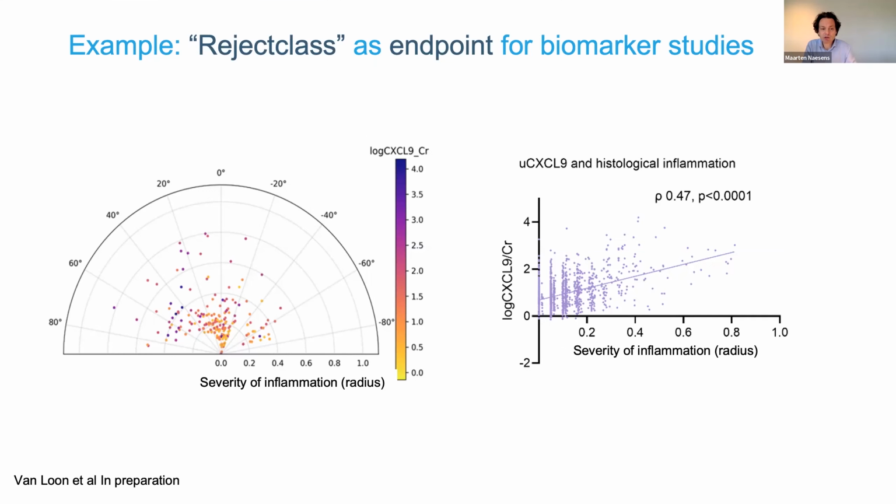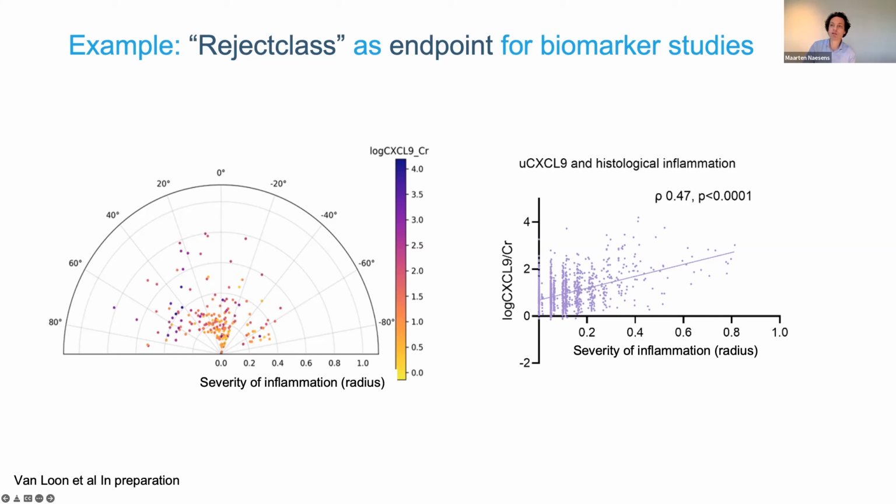This is an illustration of a study that is ongoing by Elisabeth van Loon from my team, where she has been able to show, on a large set of biopsies and cases where she measured the urinary chemokines, that the urinary chemokine level associated very nicely with, again, the radius on the polar plot, the severity of inflammation.